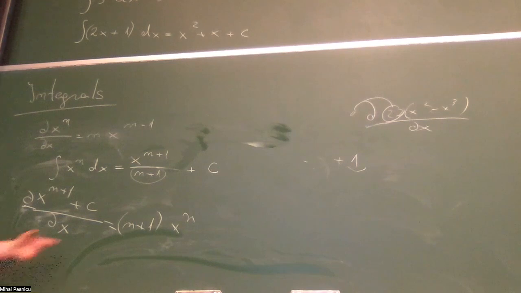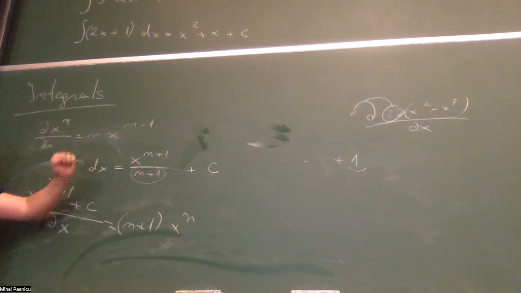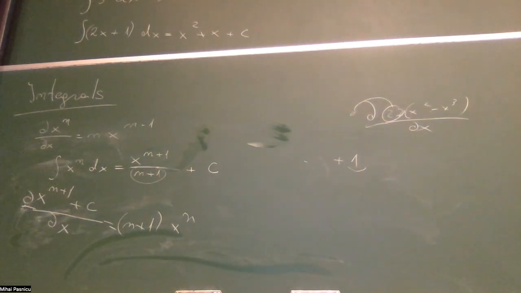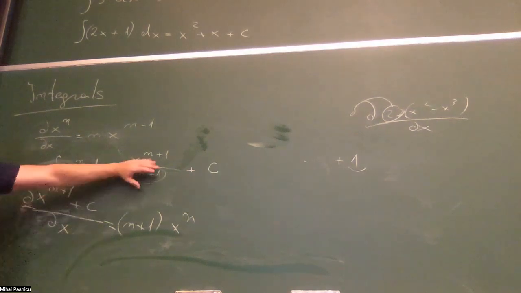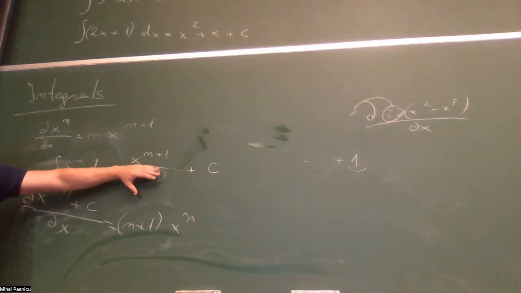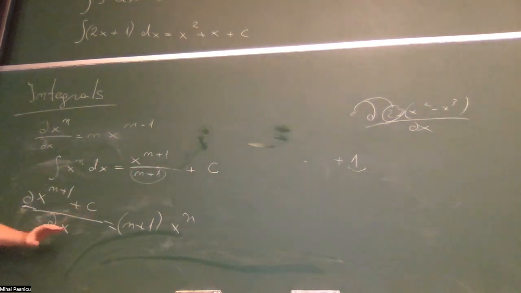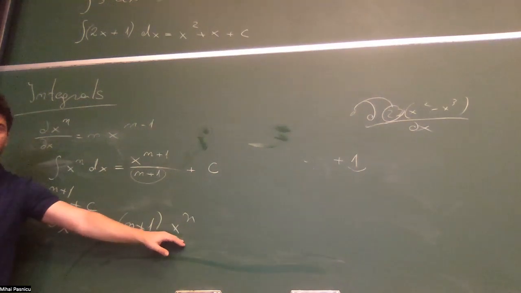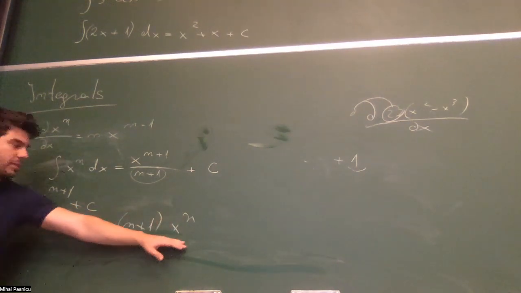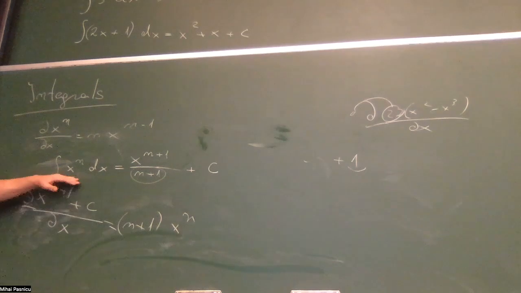The reason I divide by n plus 1 is so that it goes away and I get exactly x to the n. For those that didn't follow, if I don't have this n plus 1 here, then when I take the derivative of the right-hand side, I'm just going to get n plus 1 times x to the n. But I'm not integrating that. I'm integrating x to the n only. Did everyone follow that? Make sense for everyone? Okay.